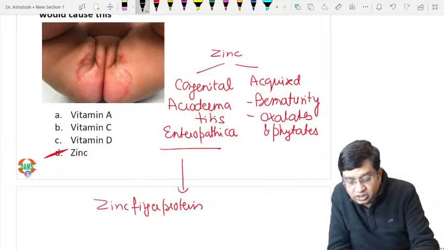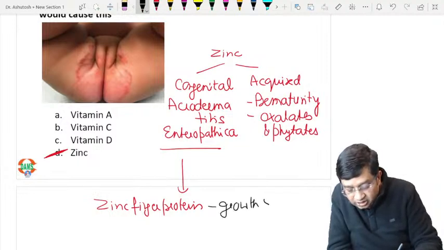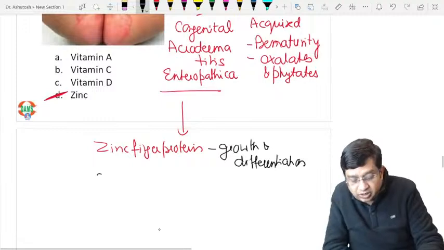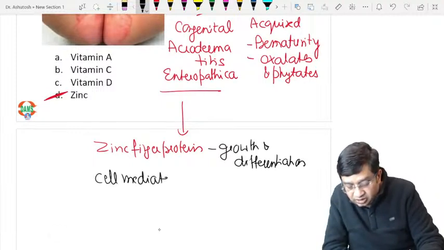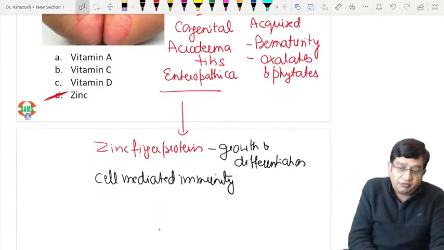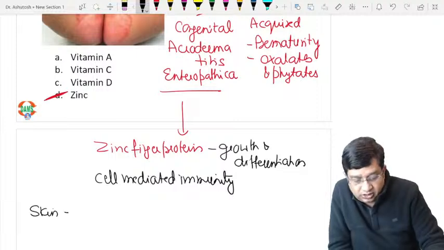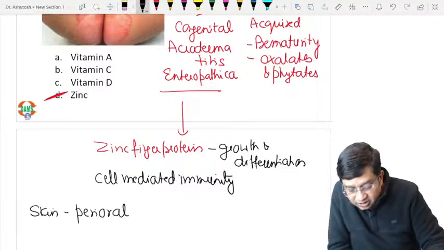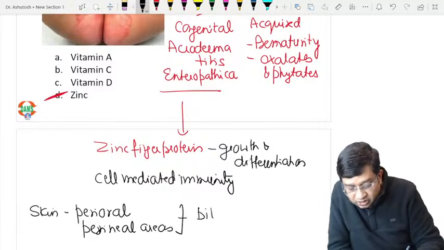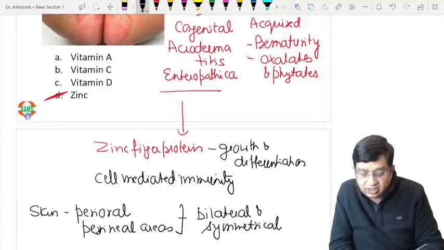And zinc finger protein is required for growth and differentiation. Zinc is also a part of cell mediated immunity. So two things are affected by zinc. One is growth, and if growth is affected, skin features are very common. And these skin features are present in perioral and perineal areas. And they are bilateral and symmetrical.